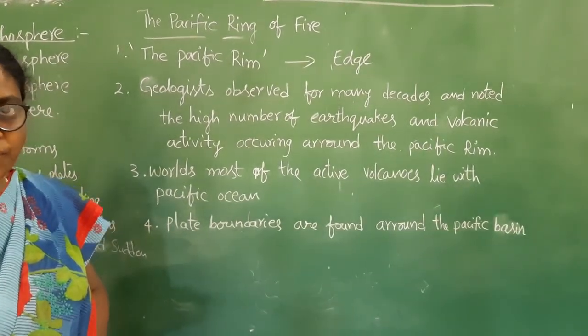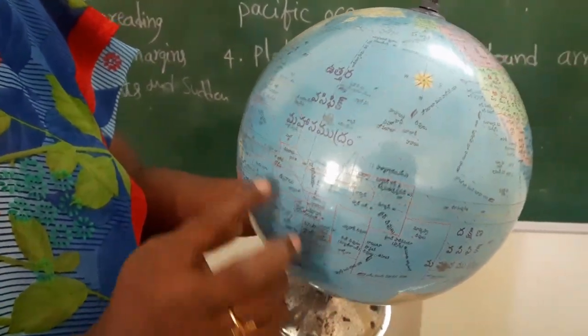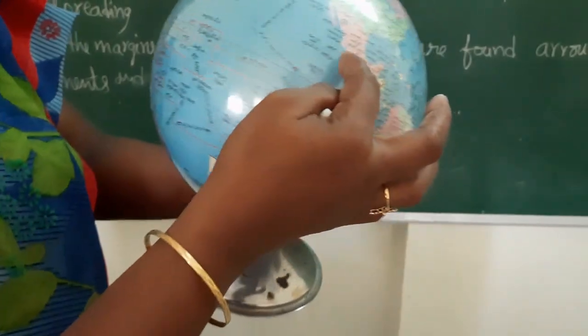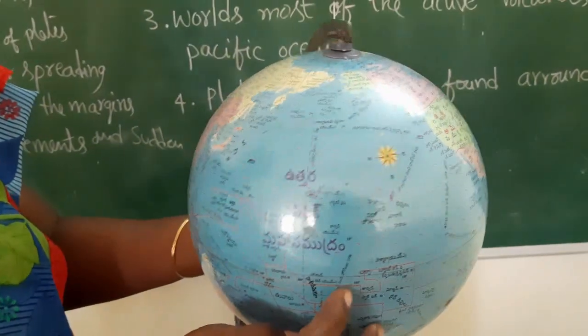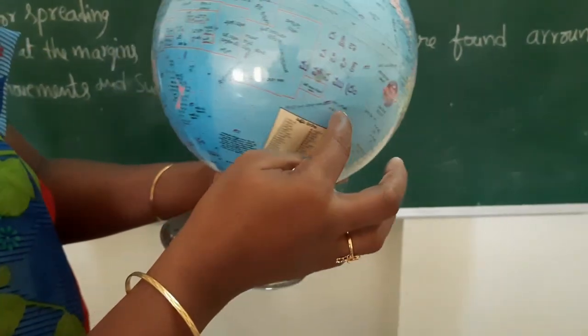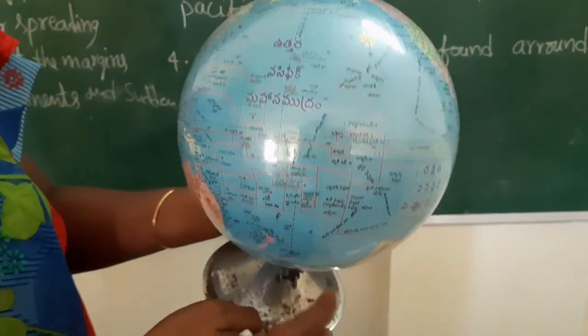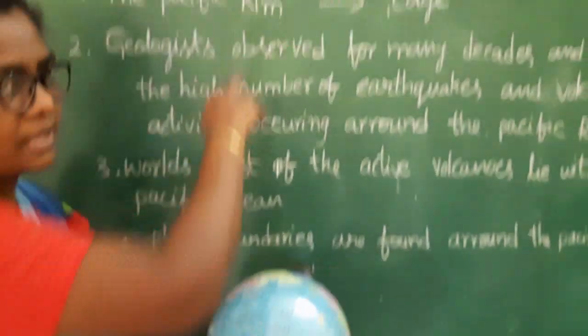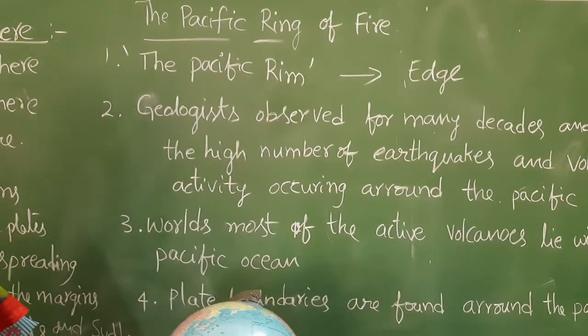If you observe, this is the Pacific Ocean, and the edge of the ocean is called the rim. Rim is nothing but the edge.